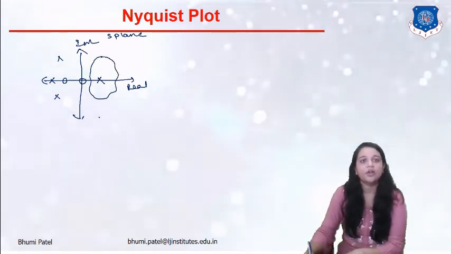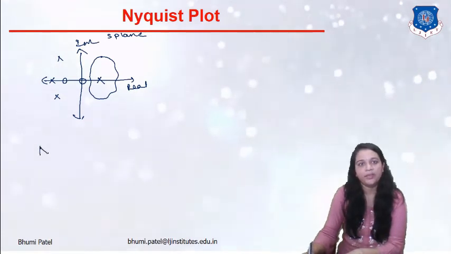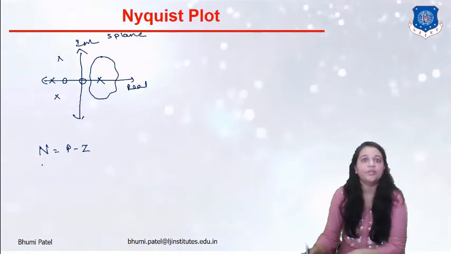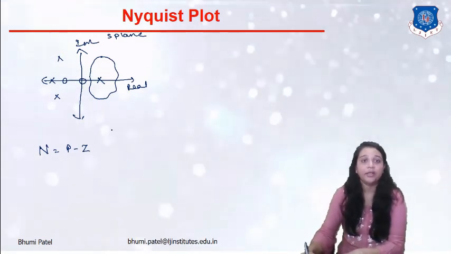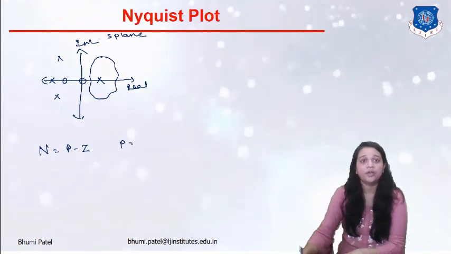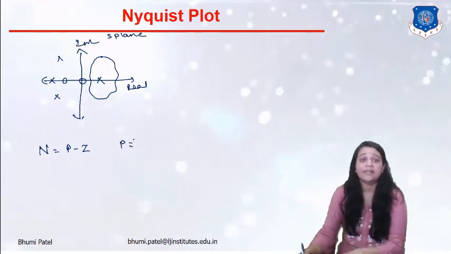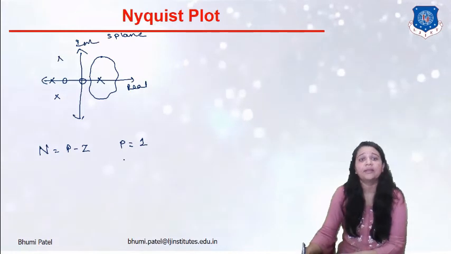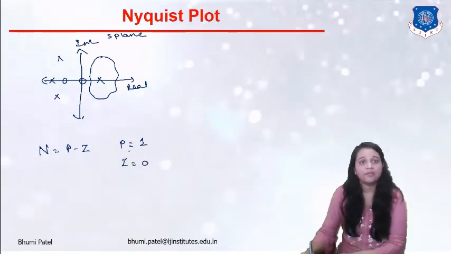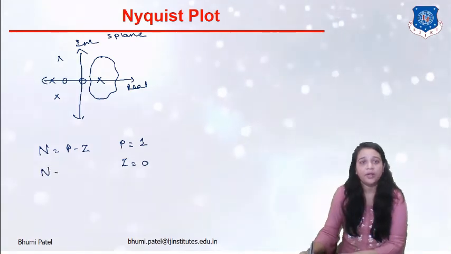So the equation is n is equal to p minus z. Okay, what is p? It is the number of poles located in the right half plane. So here, the poles located in the right half plane in the Nyquist contour, P is equal to 1. There is no zero located in the Nyquist contour, so we get z is equal to 0. So the equation becomes n is equal to 1 minus 0.